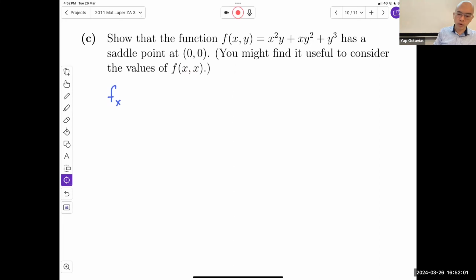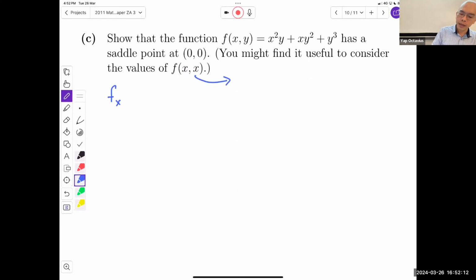This is telling you to consider all the xy pairs that are equal. Otherwise, this is f(x, y). So this is a notation of writing f(x, x), where y equals x.